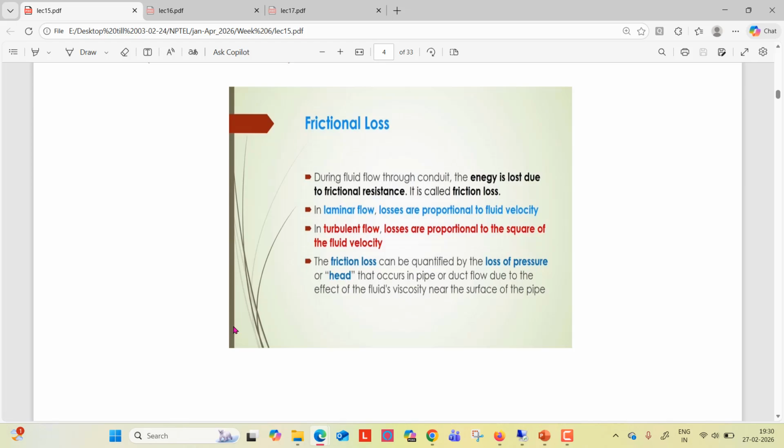It is called frictional loss. In laminar flow, losses are proportional to fluid velocity, and in turbulent flow, losses are proportional to the square of fluid velocity.